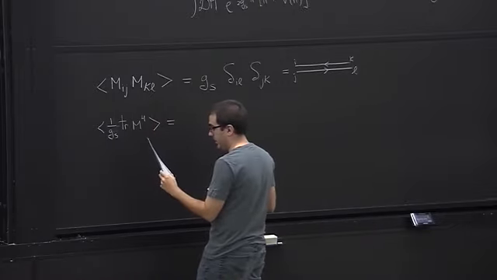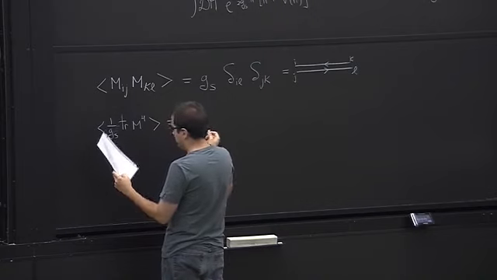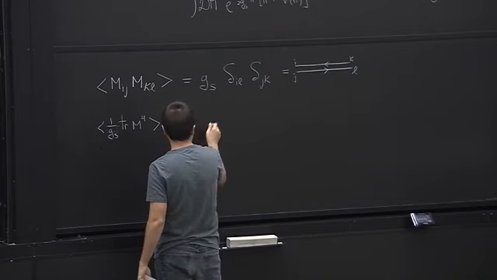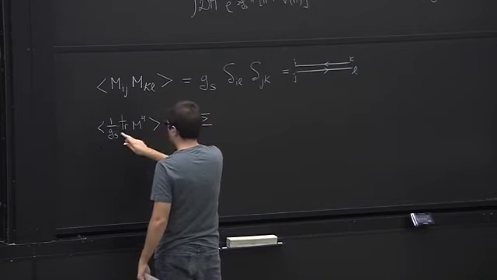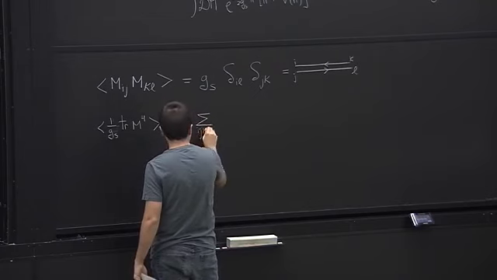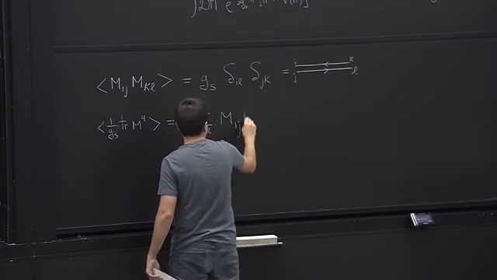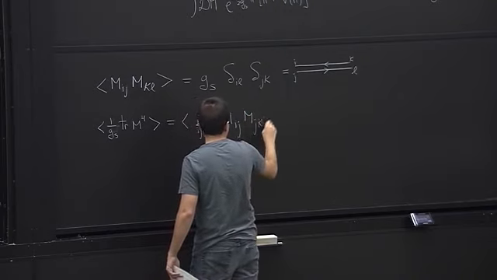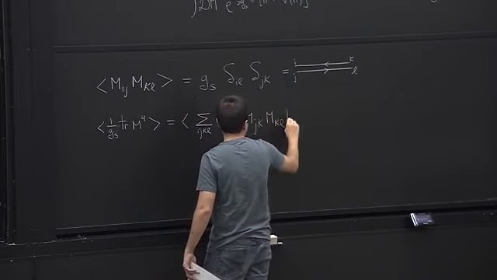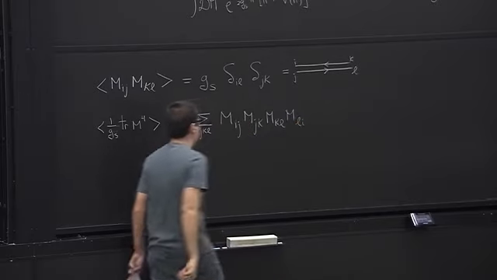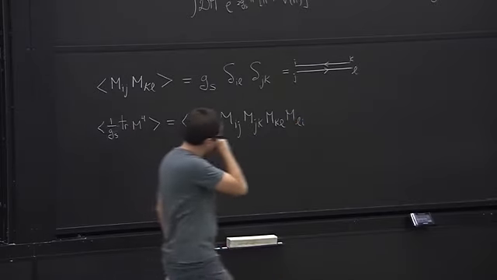So this is the expectation value. Let's write it out very explicitly. What does trace of M to the 4 mean? It means the following: sum over I, J, K, L, you multiply 4 matrices, M_IJ, M_JK, M_KL, M_LI. Right?